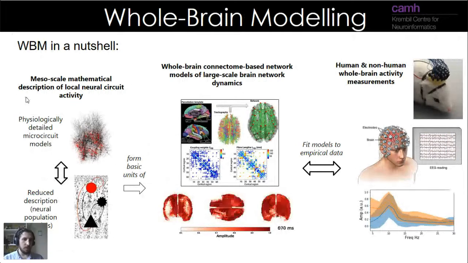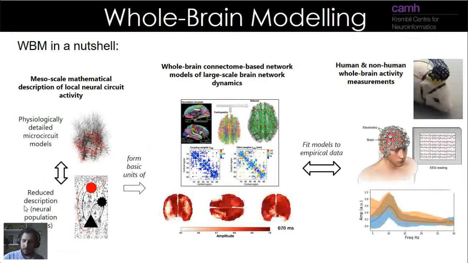So the input, in a sense, is the knowledge and understanding that we have of the physiology and the structural organization of neural activity at a local circuit level, and then trying to define and formulate a reduced description of the detailed physiological, morphological models that Itai was talking about.